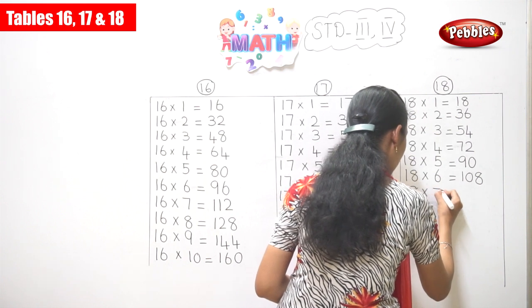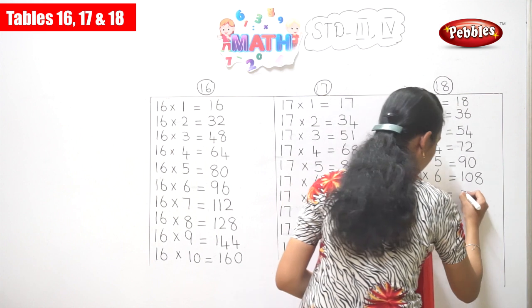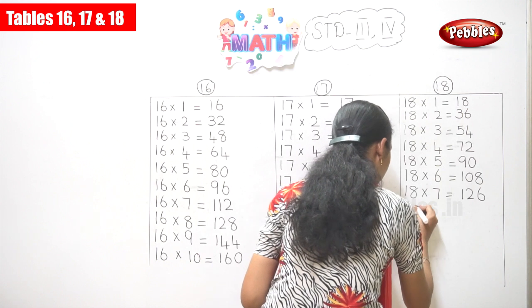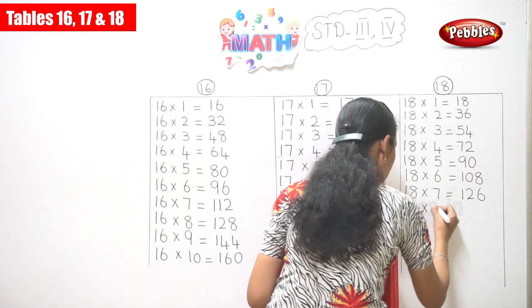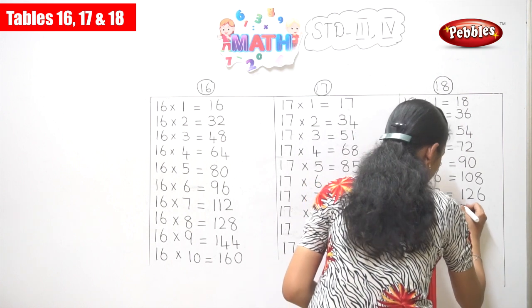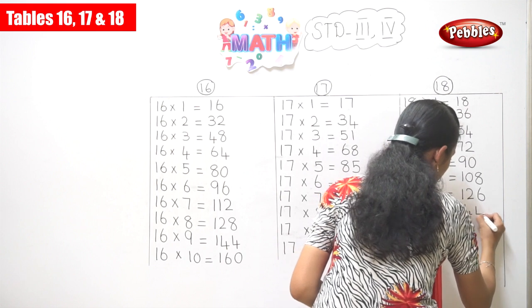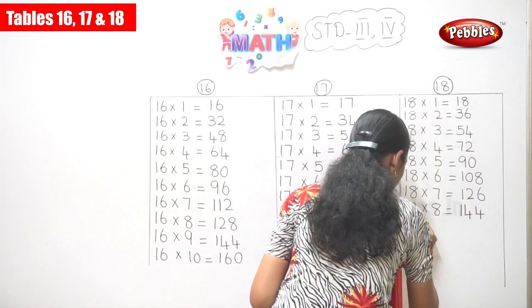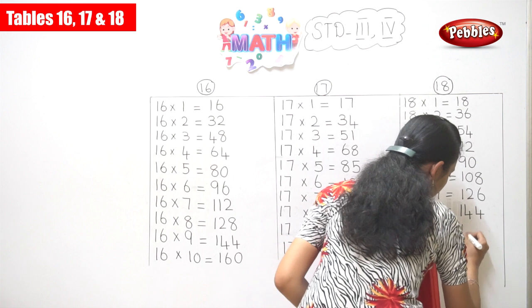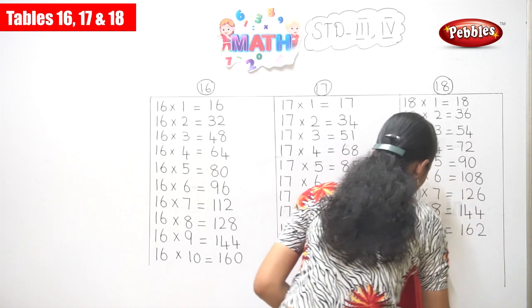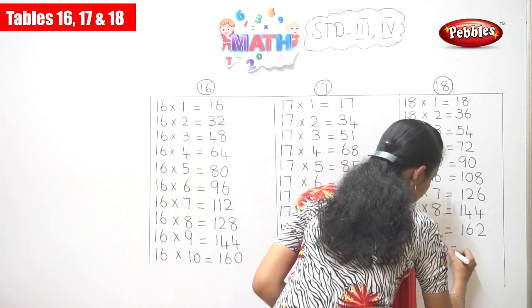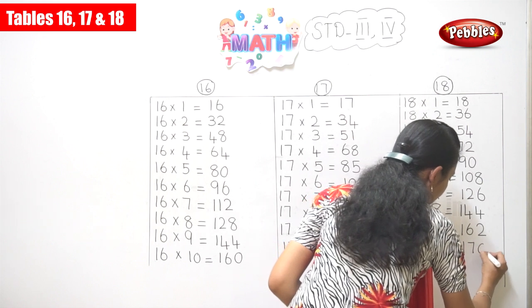18 into 7 is equal to 126. 18 into 8 is equal to 144. 18 into 9 is equal to 162. 18 into 10 is equal to 170.